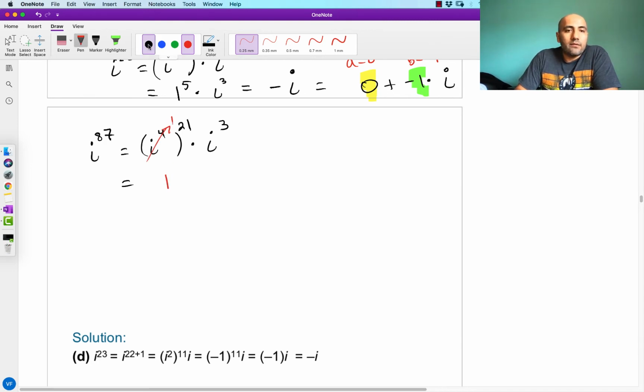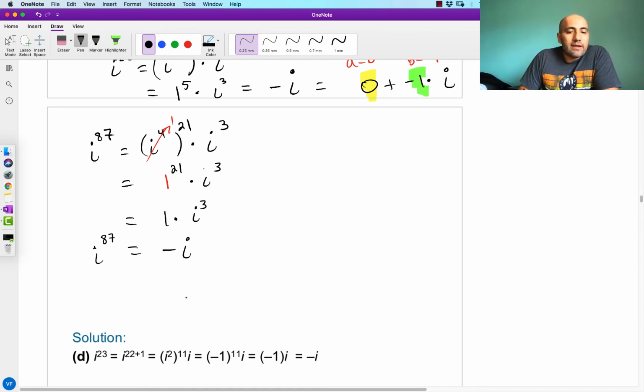So we have 1 to the power of 21 times i to the power of 3. 1 to the power of 21 is just equal to 1. So that's 1 times i to the 3rd power. And as we already saw, i to the 3rd power is just equal to negative i. So i to the 87th power is really just equal to negative i.